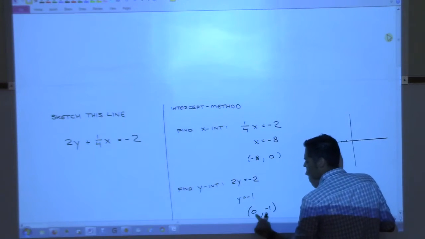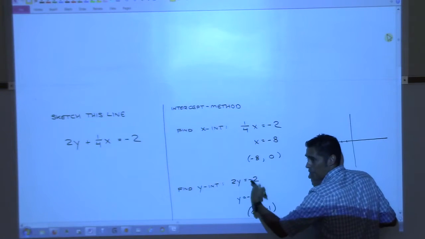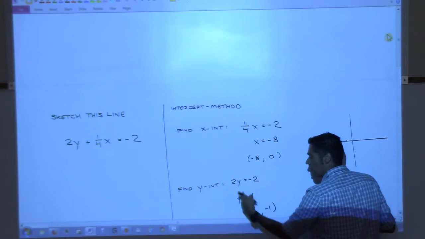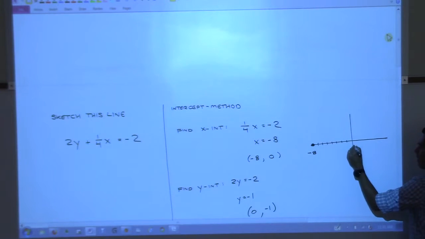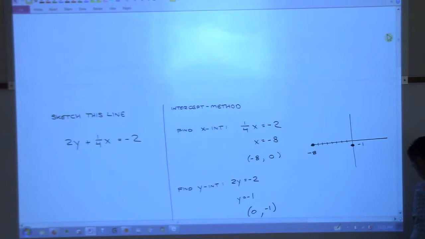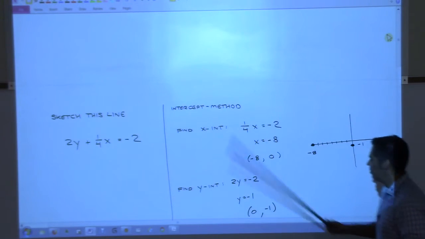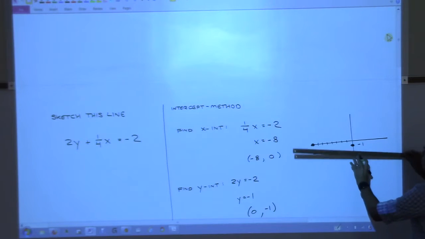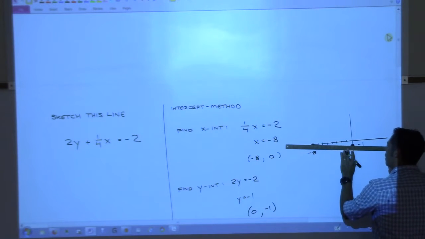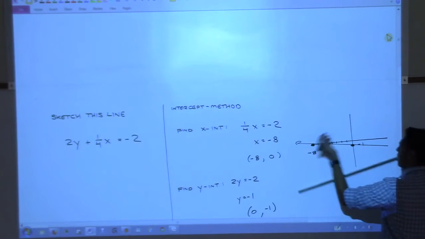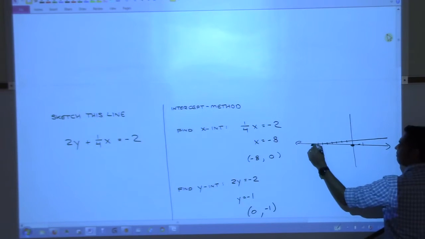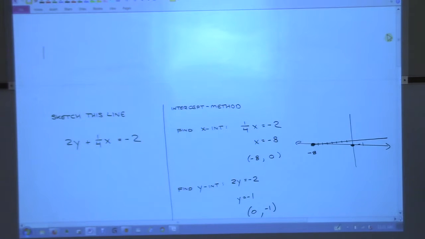Why is it 0? Because x was 0. We said x has to be 0, and then y has to be -1. So that means I go down 1 on the y-axis, and I draw a dot. And then using something that's relatively straight, I draw a line. And if you miss the point, just make the point bigger. There we go. Okay, there's your line.